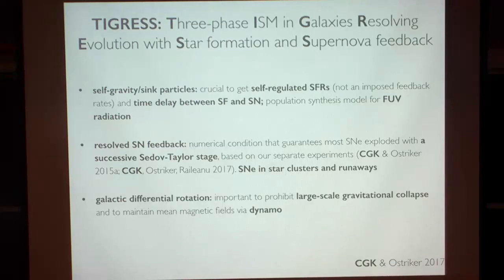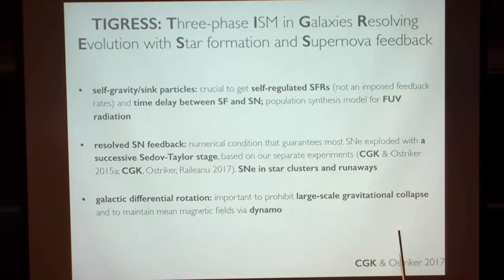And as I mentioned, galactic differential rotation is also included using a local shearing box treatment. But I also want to emphasize that this is not well treated in other groups' simulations, and they cannot go to long-term evolution because they usually end up with very high density clouds.